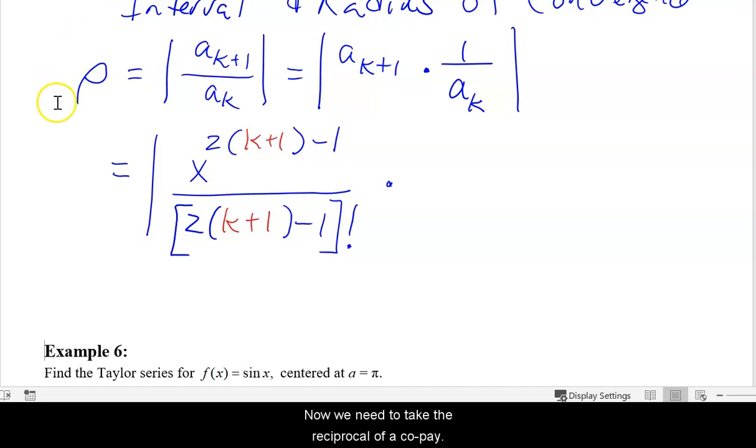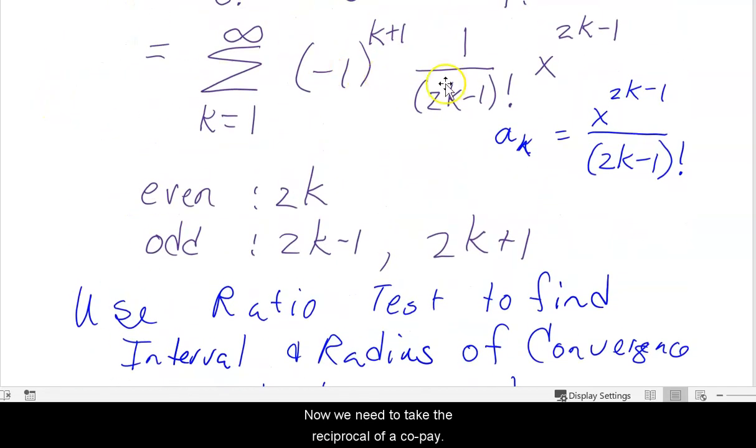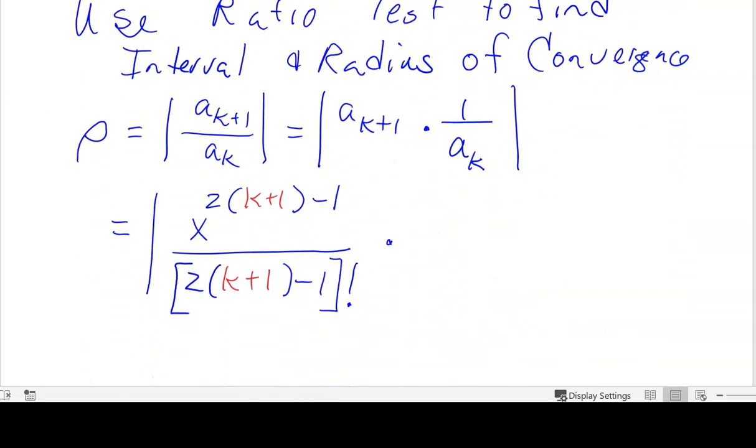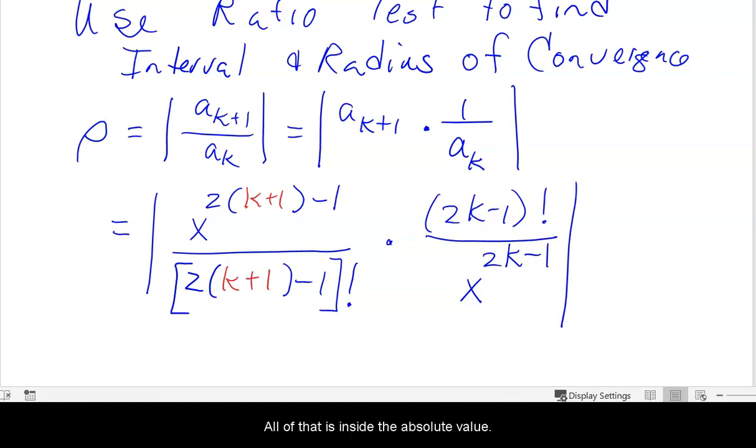Now we need to take the reciprocal of a sub k, which would be this upside down, and multiply by it. So this will give me 2k minus 1 factorial over x to the 2k minus 1. All of that is inside the absolute values. The next thing you should do is simplify the arithmetic here.